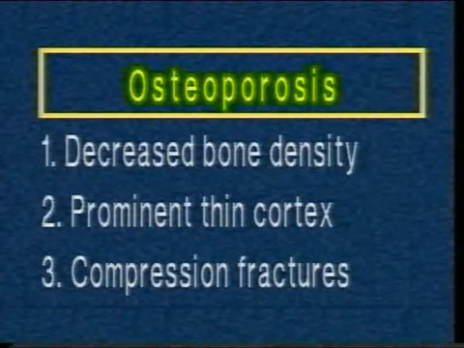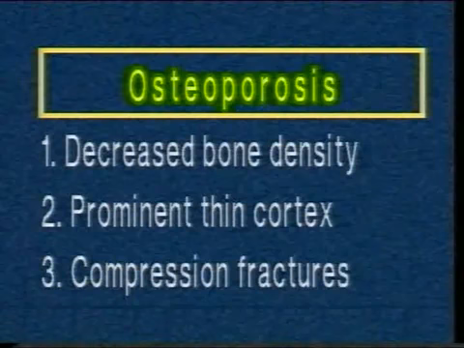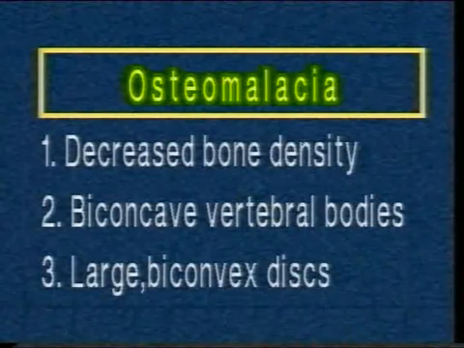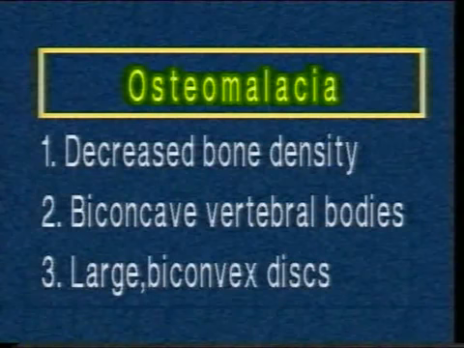There is a relative prominence of the thin cortex and compression fractures are common. In osteomalacia, due to vitamin D deficiency, the bone density is decreased, the vertebral bodies are biconcave with large biconvex intervertebral discs described as codfish vertebrae.